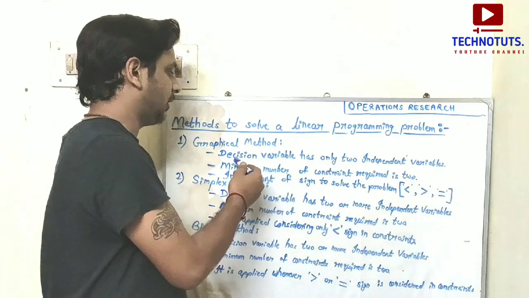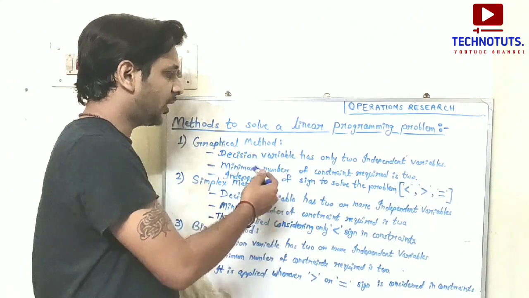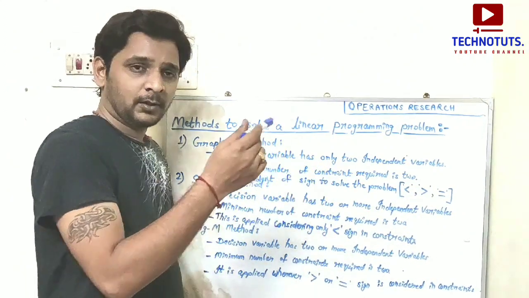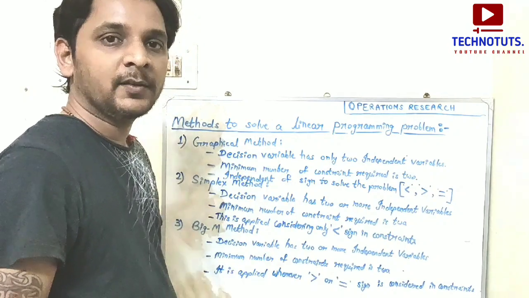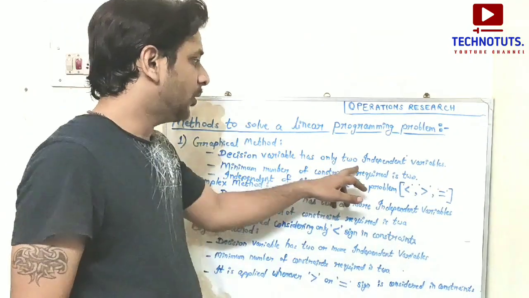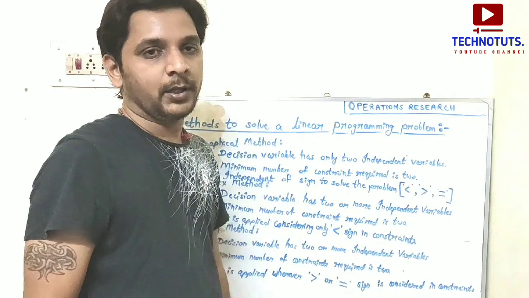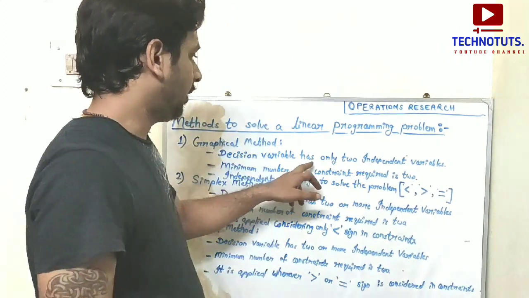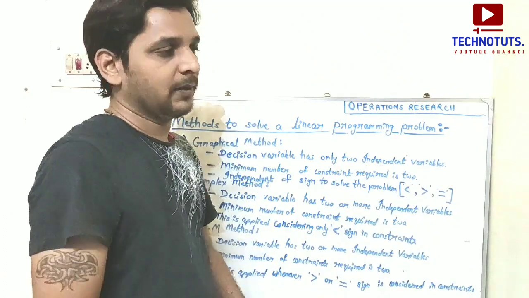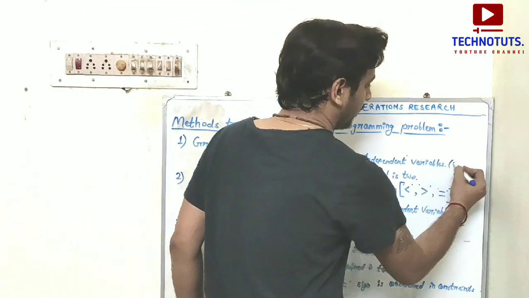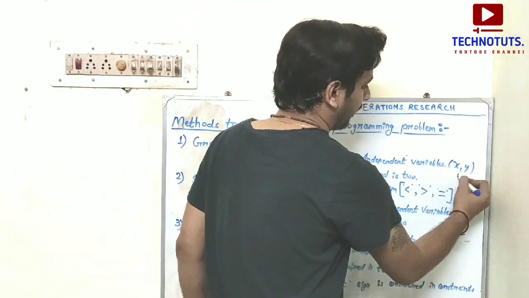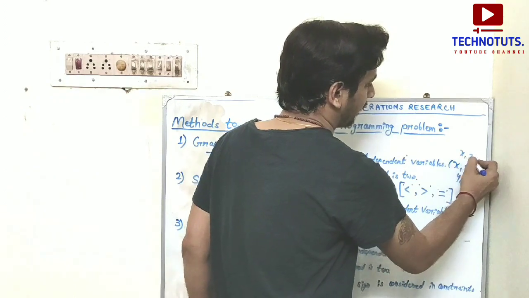Let's see the graphical method. In the graphical method, the decision variables used in the equations of the linear programming problem have only two independent variables, say x and y, or y and z, or x and z.